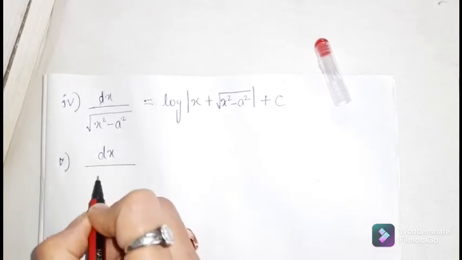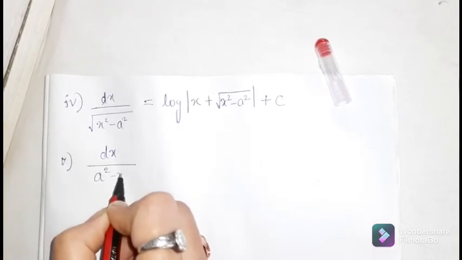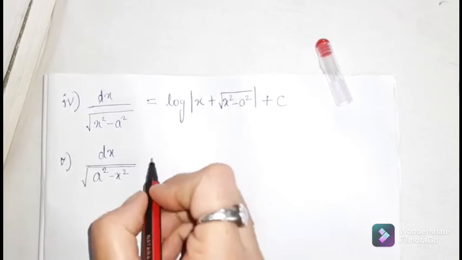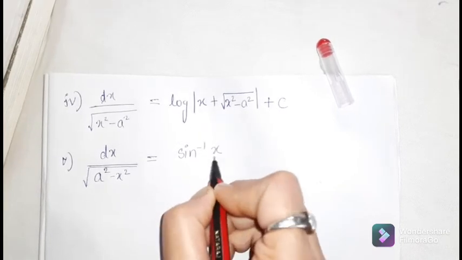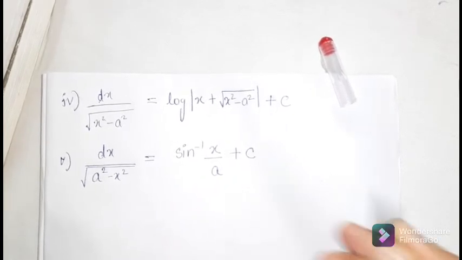Dx by root over a square minus x square, this is equal to sine inverse x by a plus c.